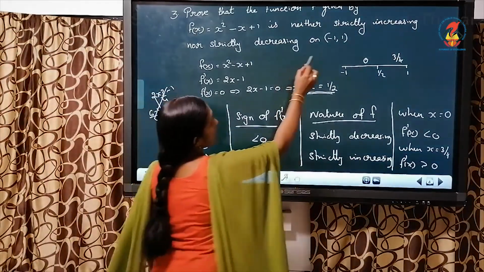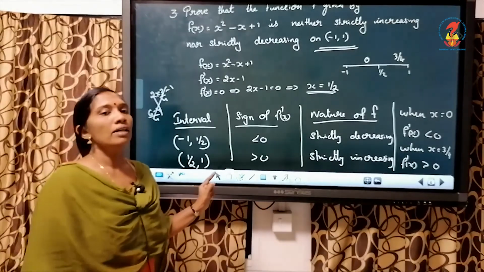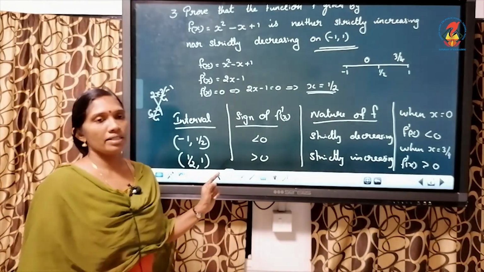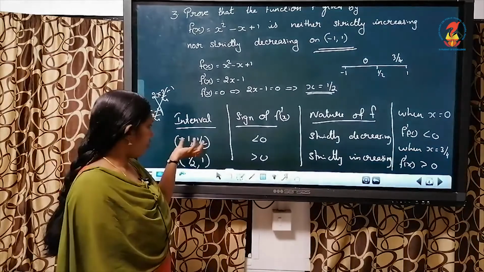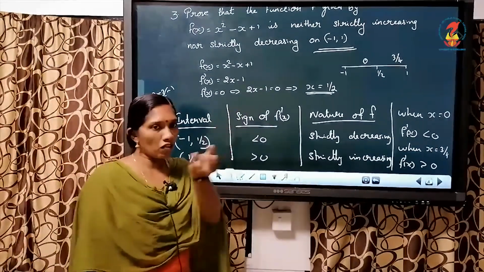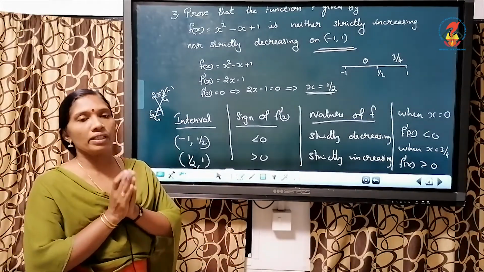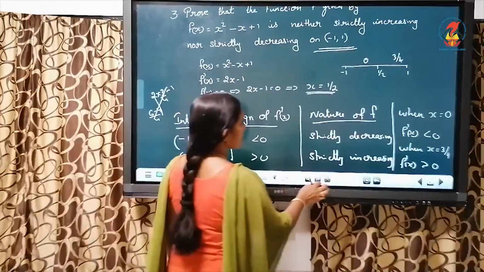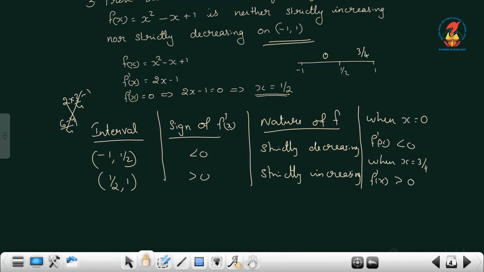So what about the interval minus 1 to 1? For the whole interval minus 1 to 1, we can say the function is neither increasing nor decreasing. Understood? In one portion it is strictly increasing, in the other portion strictly decreasing. So when we consider the whole interval, we can say that f is neither strictly increasing nor strictly decreasing.